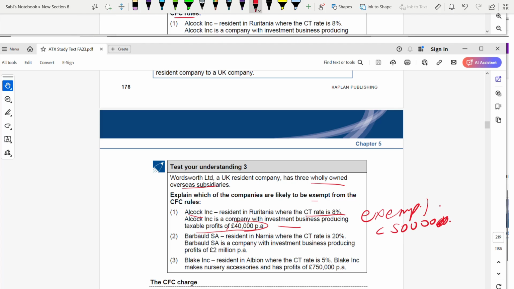It's an investment, non-trading profit. It's an investment business. Non-trading, the last exemption. It satisfies the last exemption. The low profit limit for non-trading profit is 50,000. So this is less than 50,000. 40,000, right? It's less than 50,000. That's why they are exempt.